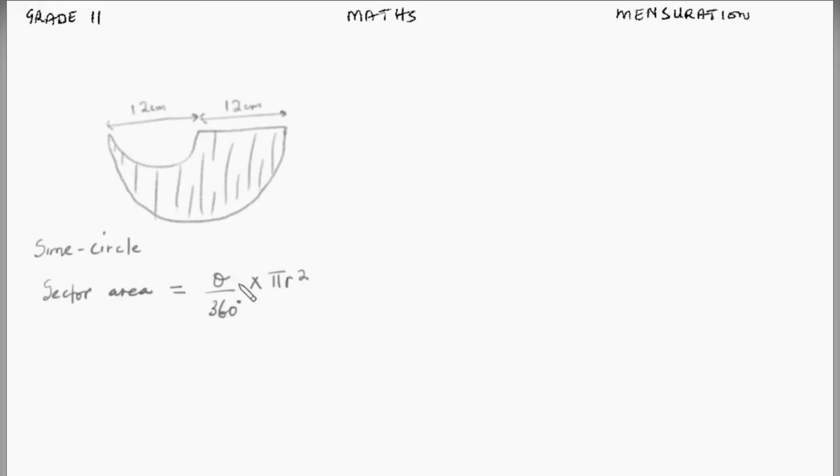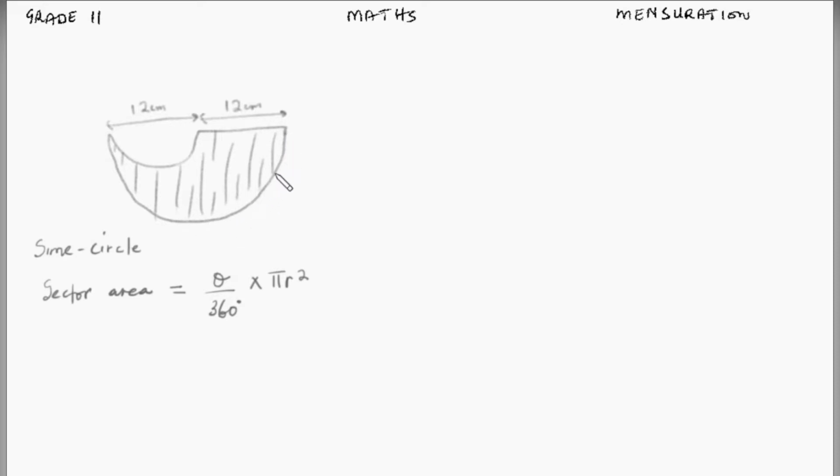So this fraction of a circle is actually the angle that subtends to form the sector. You will have to understand that a sector is made up of two radii, 1 and 2, plus an arc.